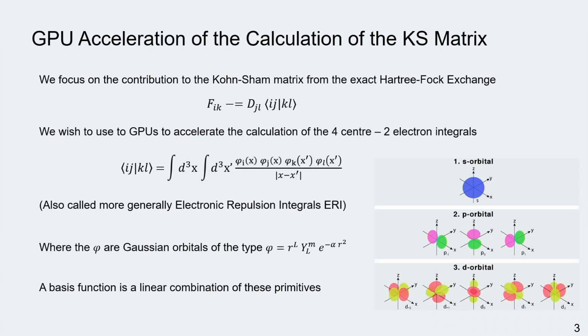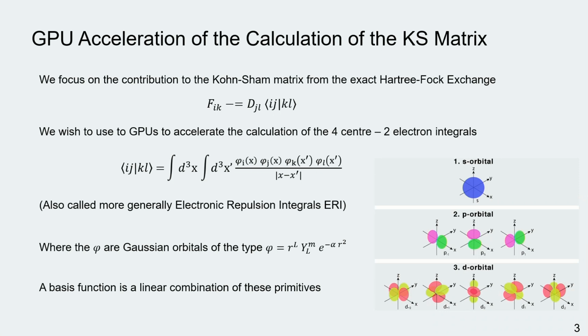So now, my work will focus on the contribution to the Kohn-Sham matrix coming from the exact Hartree-Fock exchange. Essentially, we compute this four-center two-electron integral (ij|kl) between four different basis functions in two different variables, x and x prime, with a Coulomb kernel inside the integral.